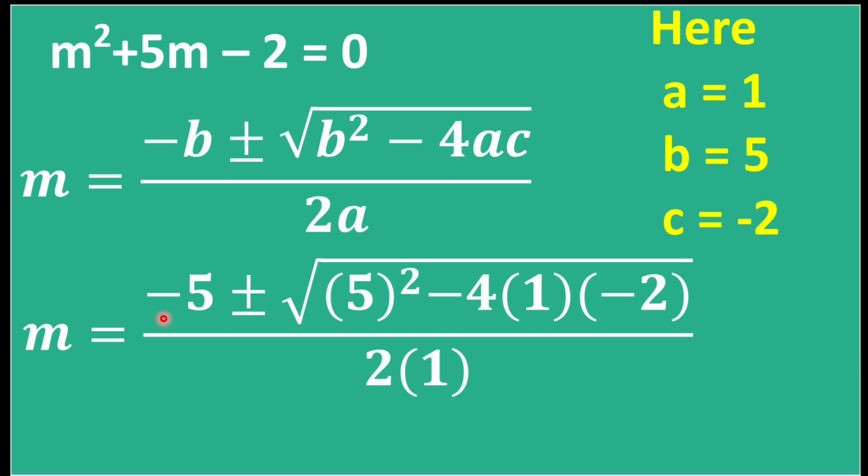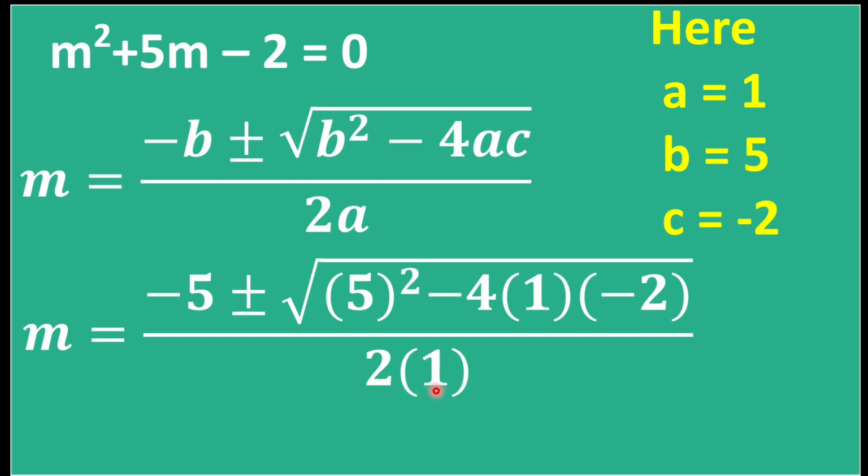So our quadratic formula will become minus 5 plus minus square root of 5 squared minus 4 into 1 into minus 2 divided by 2 into 1, because we have b equal to 5, a equal to 1 and c equal to minus 2.